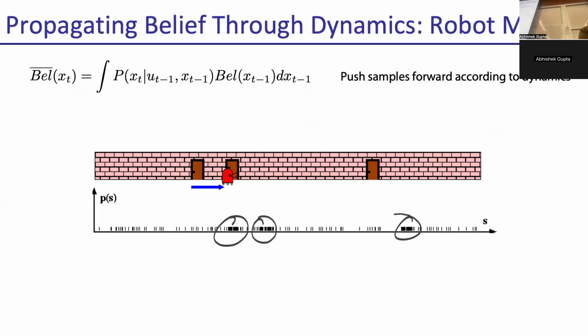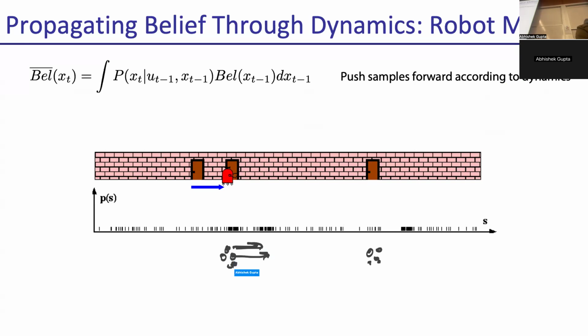Imagine that I had a set of particles right here, and a set of particles right here, and then I went to the right. I'm going to take each of these particles and stick it through the dynamics model. The dynamics model is going to say, if you are at this state, you're probably going to move to the right, maybe plus a bit of noise.